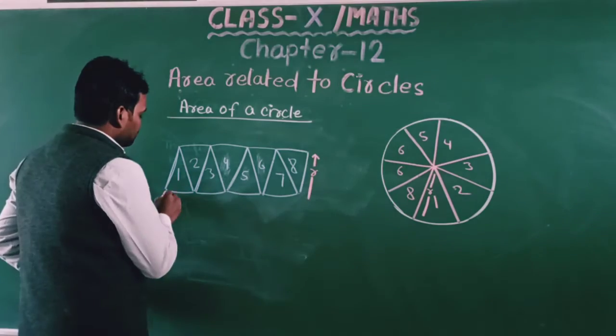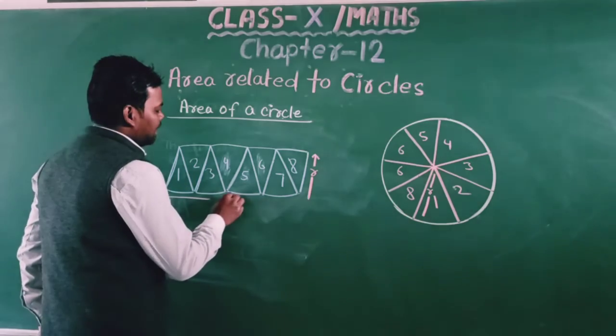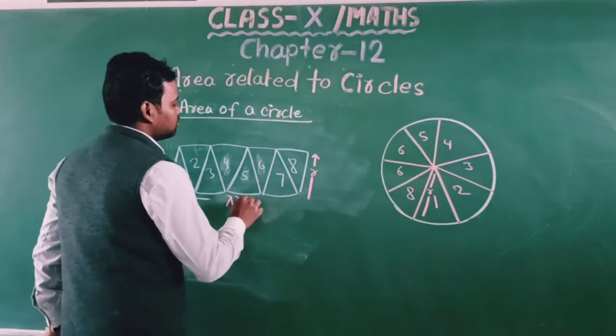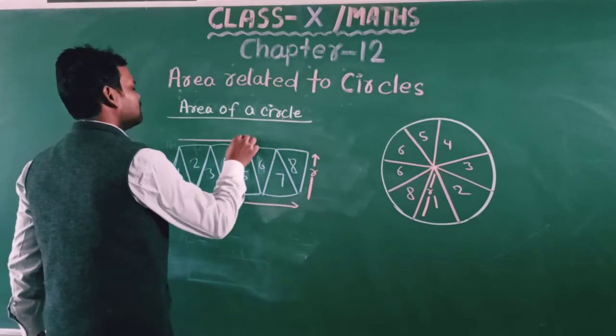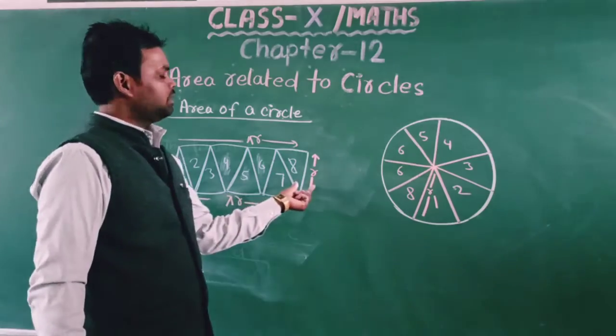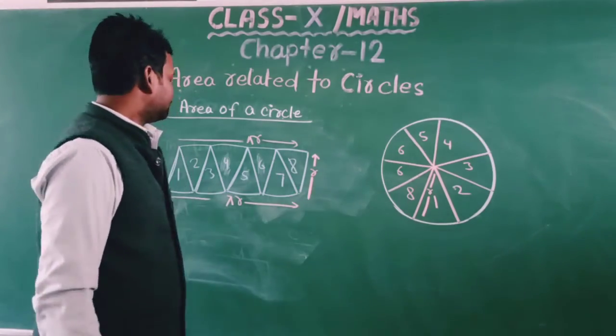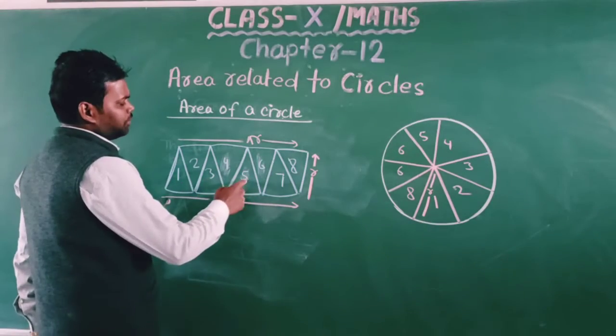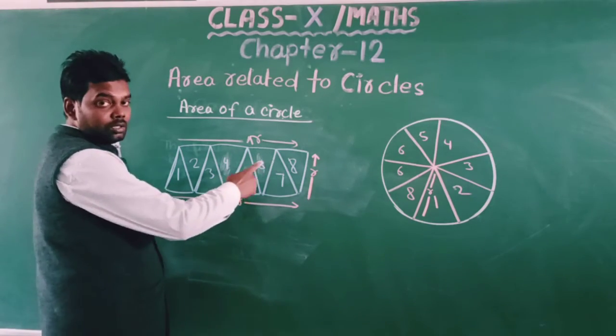So total is 2 pi r, then half is pi r. So this is pi r and this is pi r. So length is pi r and breadth is r, in the form of a rectangle.